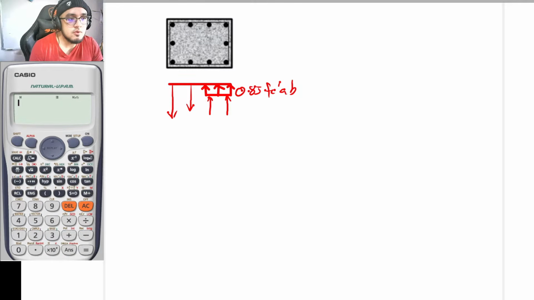Okay, so if you would be analyzing your columns, of course, you must know the value for your Pn and the value of your Mn. And of course, the value of your eccentricity e. Okay, so like a while ago, just like what I said, your Mn is basically equal to Pn times e.